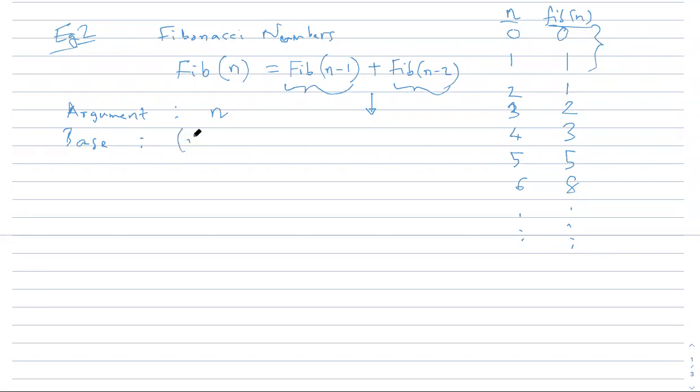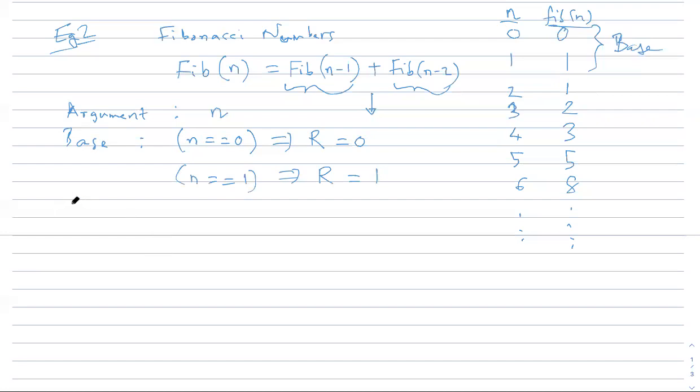When n equals 1 or 0. Exactly. So when n equal to 0, then the return value is going to be 0, right? So these are the two base cases, right? And when n equal to 1, then the result is equal to 1.